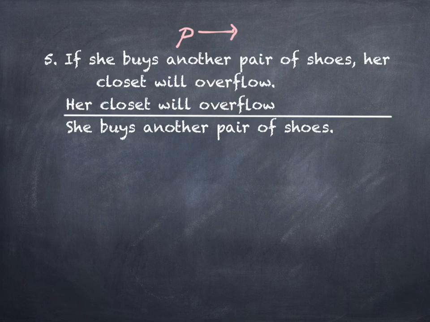It says her closet will overflow, so that can be Q. Then it says her closet will overflow, so that would be Q again. Therefore, she buys another pair of shoes, which was P. So this says P implies Q, and then Q, therefore P.